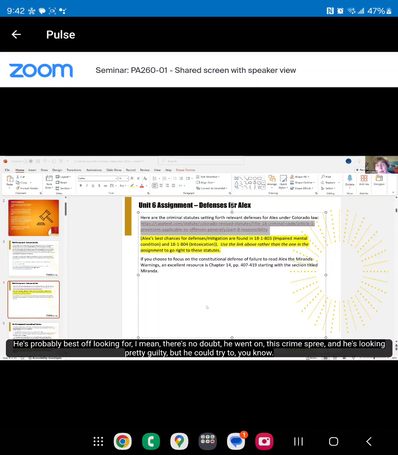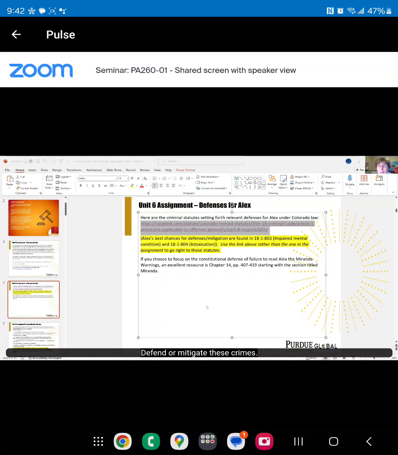He's probably best off looking for, I mean, there's no doubt he went on this crime spree and he's looking pretty guilty, but he could try to defend or mitigate these crimes using either his impaired mental condition, which is the phrase used in 803, or intoxication. Now, voluntary intoxication is not an outright defense, but it could be used to mitigate the crime.